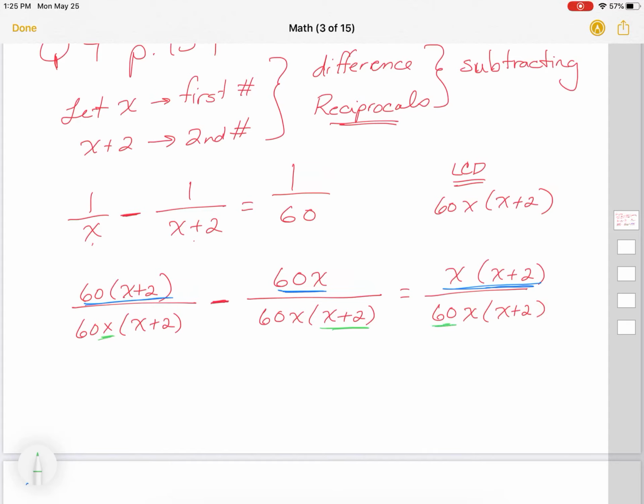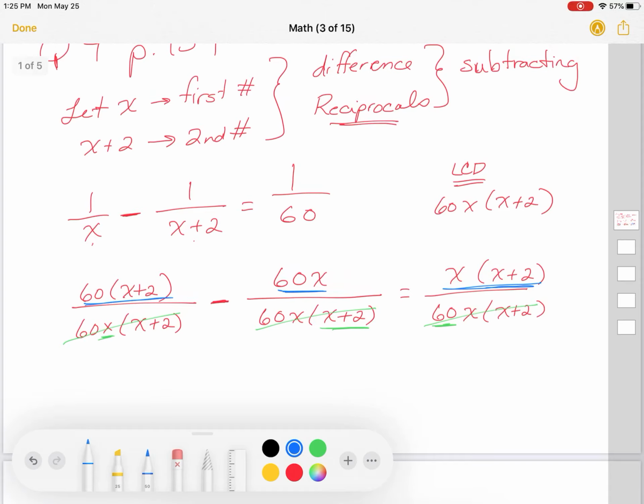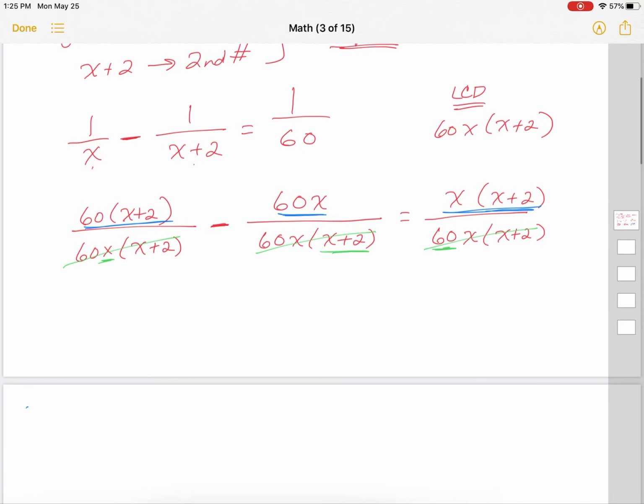Now, once you have all 3 terms having the same denominator, you can divide them out. Because it's common to all 3 of those, and it's a factor for all of them, you can divide it out. Now we can just take what's left and we can solve.